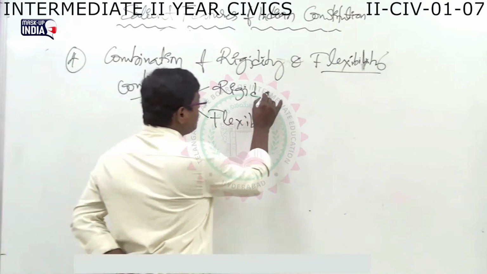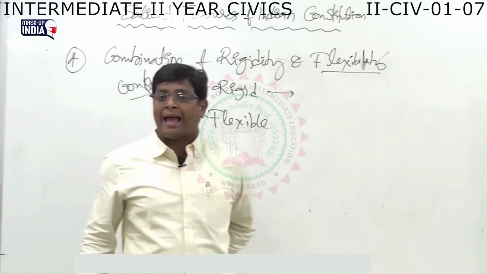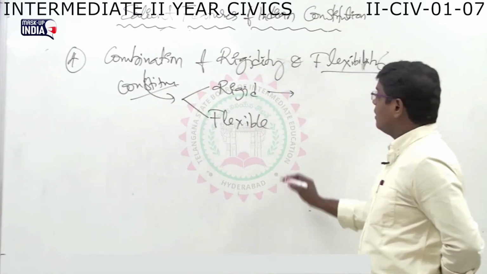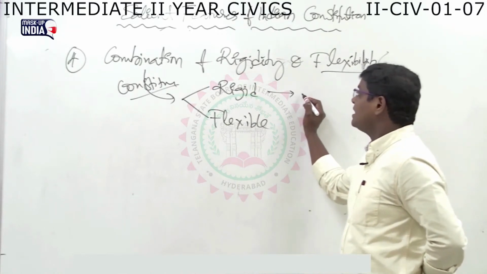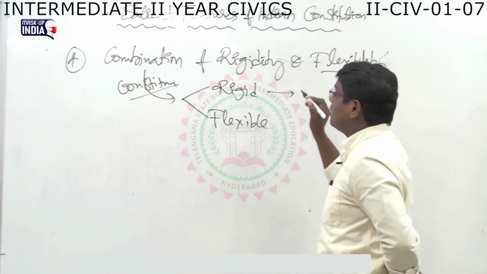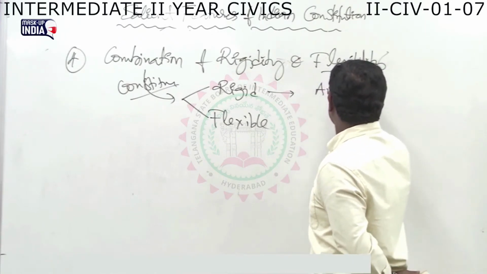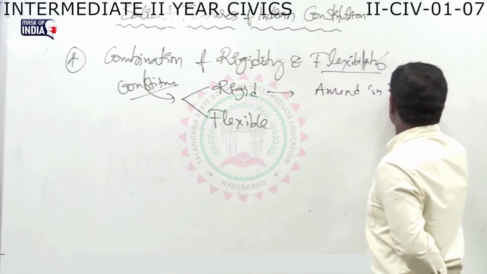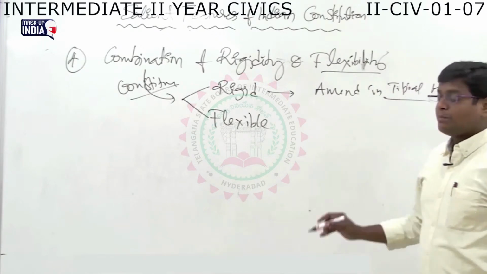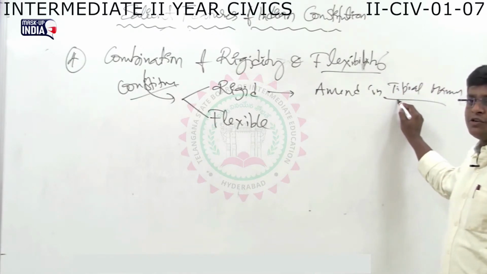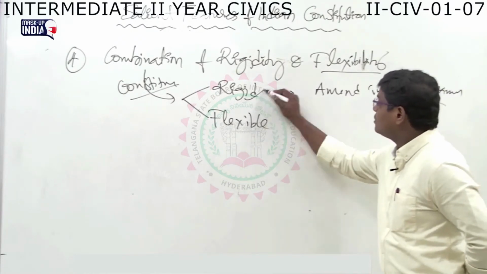The constitution which is amended with a special procedure, that means for the amendment of the constitution there is a special procedure, is called a rigid constitution.